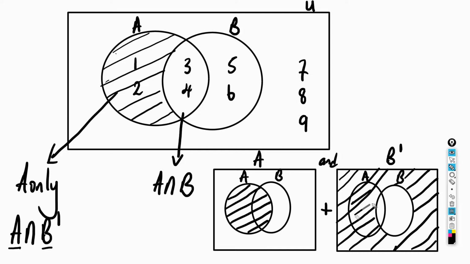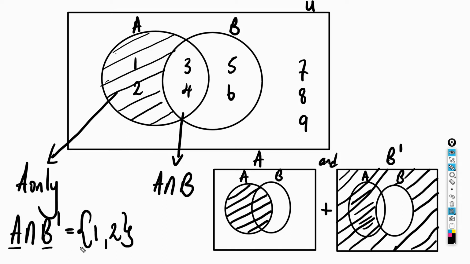The shaded region here and the shaded region right here ends up with this section, which is A only. So that's why A and B prime is equal to 1 and 2. It's not very hard to understand, but I just wanted to explain this as best as I could to you. That A only is equal to A intersect B prime.